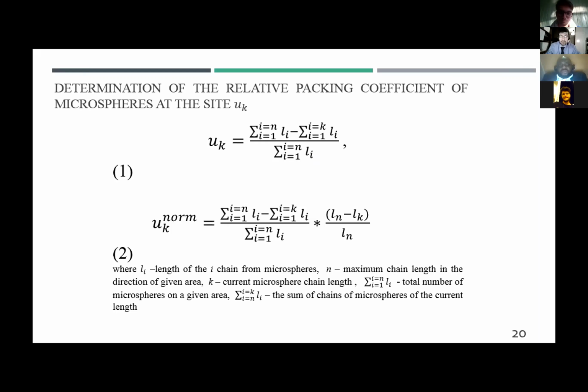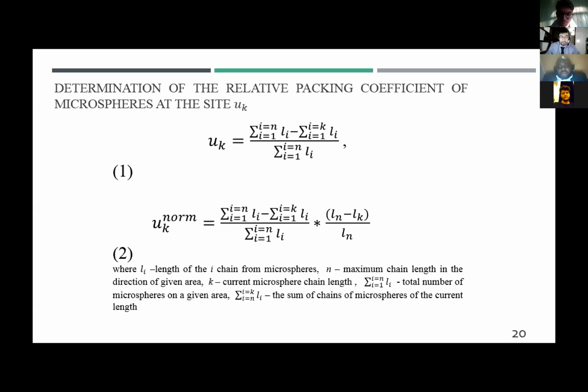For hexagonal packing, 3 main directions can be distinguished along which the length of such defect-free chains is calculated. After determining the main directions of the calculations, the lengths of the continuous chains L_E are estimated in units of the number of microspheres over the entire area of the photo. The number of such chains with the same length is calculated.